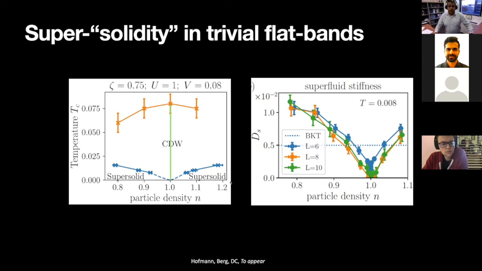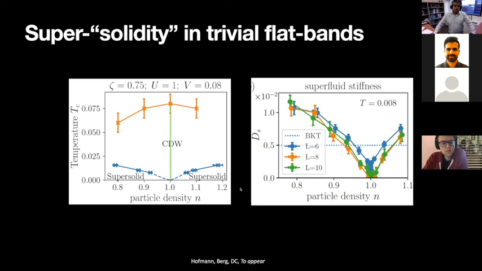I'm not aware of any other electronic models in the past where one can reliably show that you can get a supersolid ground state, but that almost comes here for free. And I can discuss more details of this if someone's interested.